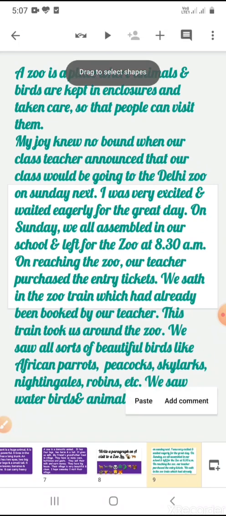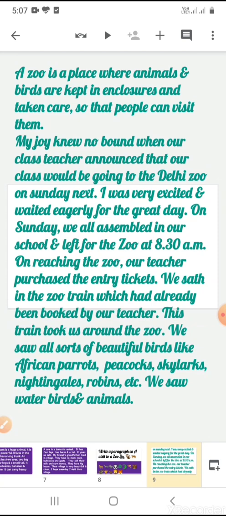On Sunday, we all assembled in our school and left for the zoo at 8:30 a.m. On reaching the zoo, our teacher purchased the entry tickets.